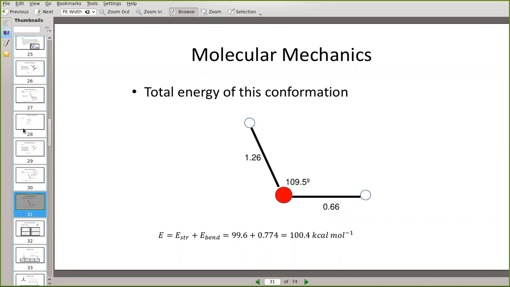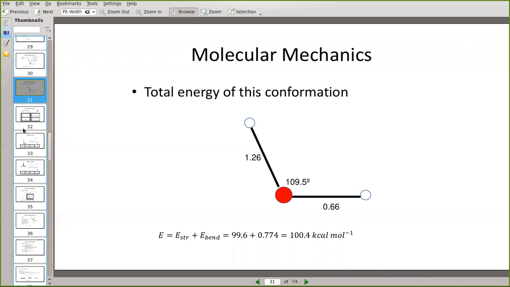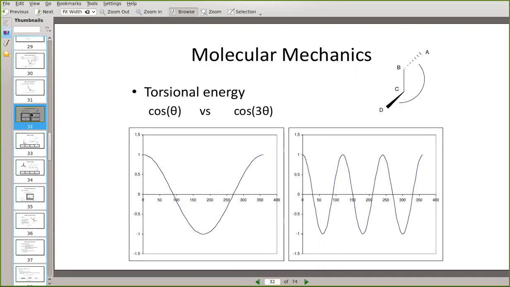Okay. A third contribution to energy in molecules is the torsion energy.